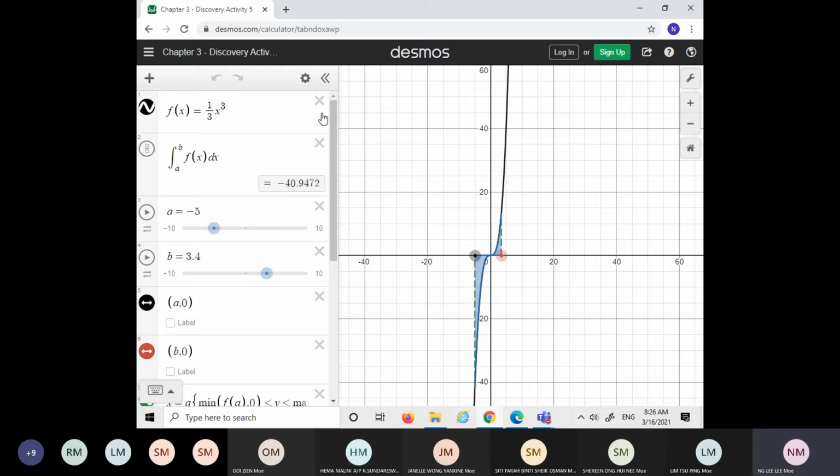We want to see what is the difference when you have the area above the x-axis and the area below the x-axis.